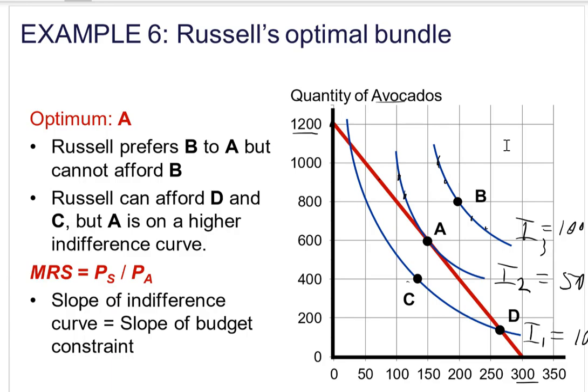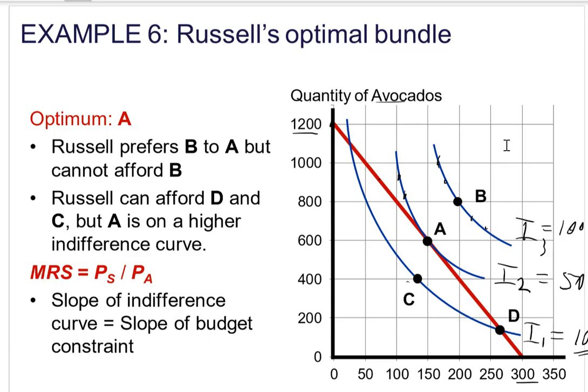In other words, he has the budget. Basically, he can consume any of these points, and he can consume 400 units of avocado and then 130 units of steaks. Or at the same time, he's indifferent as well to choosing D, because these are all on the same curve. However, the problem is that he's not going to get a high utility here. It's only 10 utils.